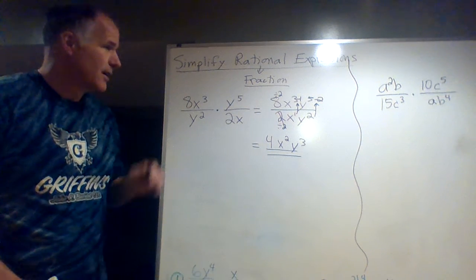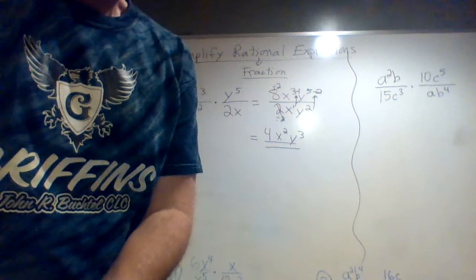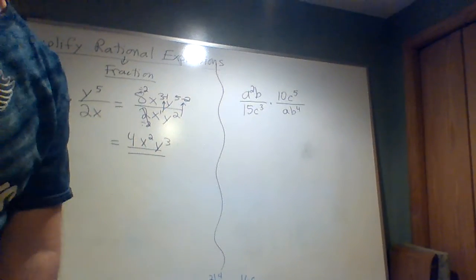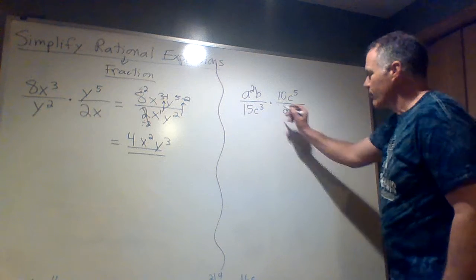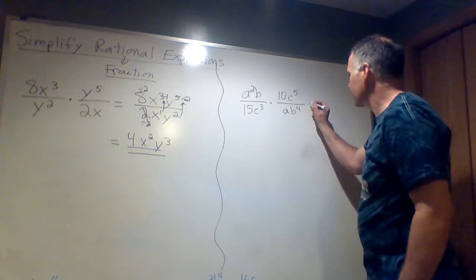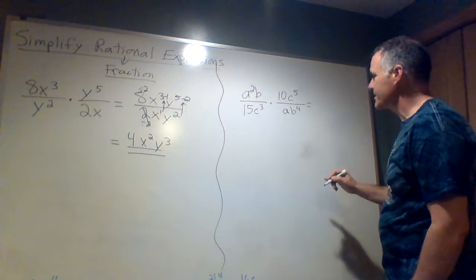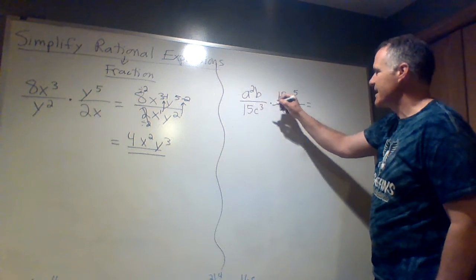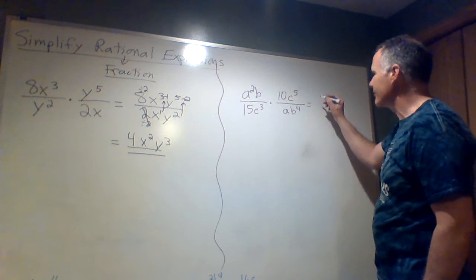Okay, let's look at this second one over here. Very similar, we're multiplying. We're just going to multiply across a2b and 10c5.